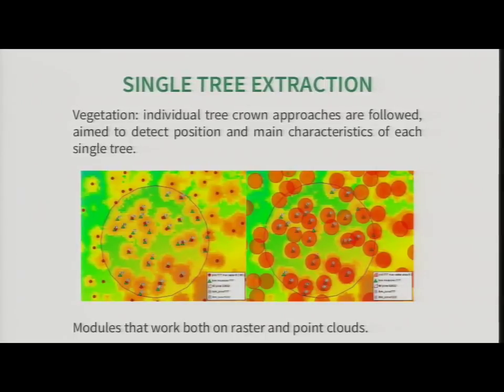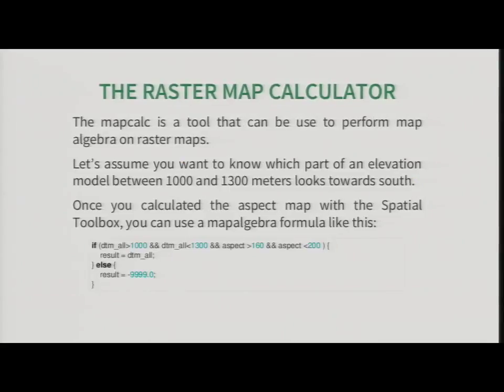Single tree extraction, and this is what we have focused on most: extraction of trees through the single tree approach. So we extract the single tree position and height. And these modules work both on LiDAR but also on raster data if you have just that kind of data.